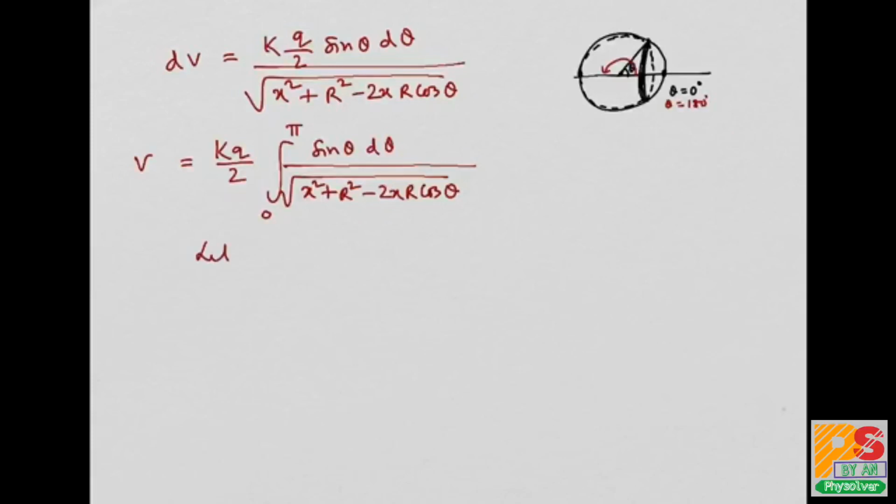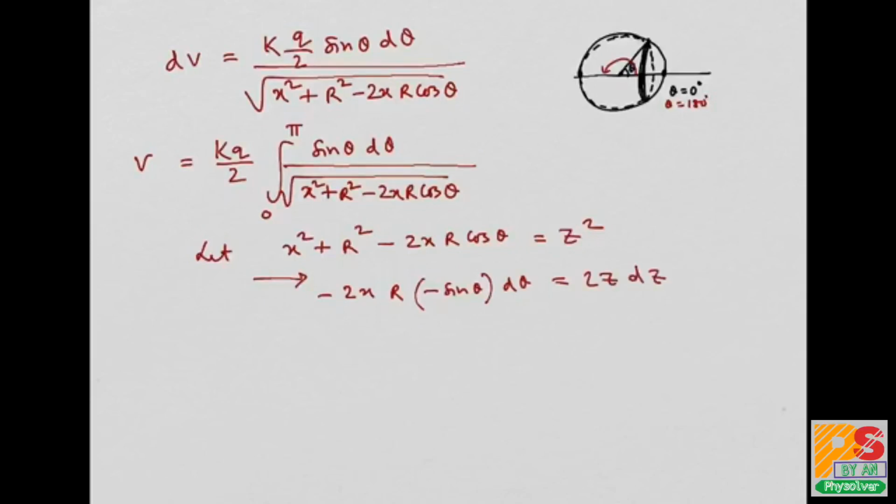Now to solve this integration we need to substitute like this. Let x square plus r square minus 2xr cos theta equal z square. Now the derivative: minus 2xr times derivative of cos theta, which is minus sin theta d theta, equals 2z dz.